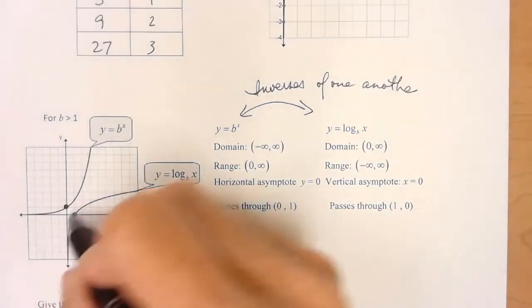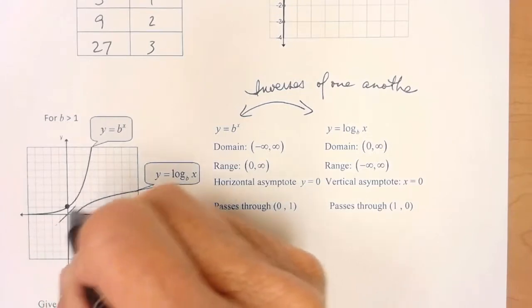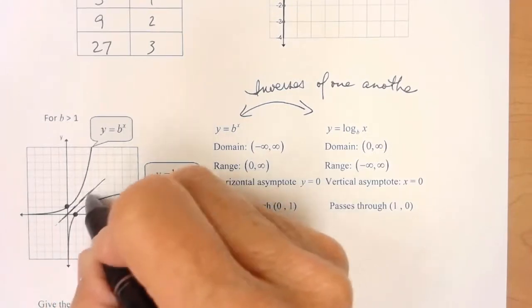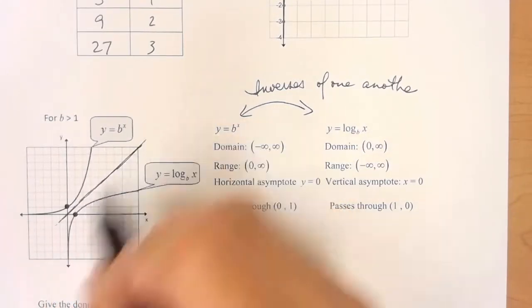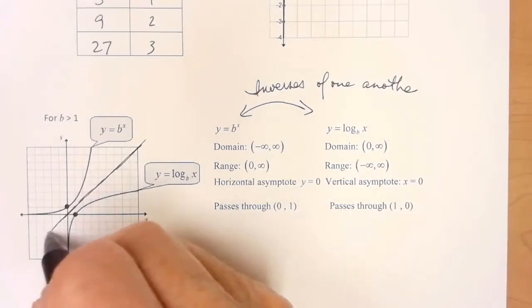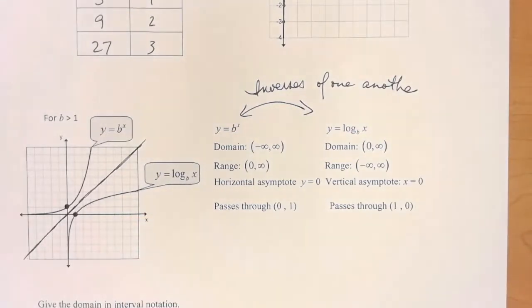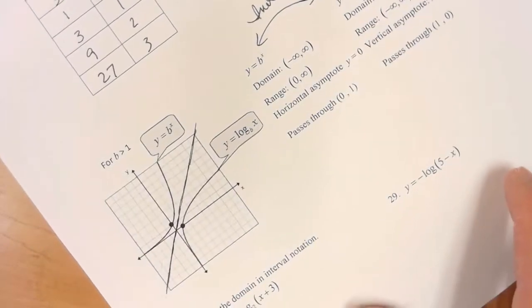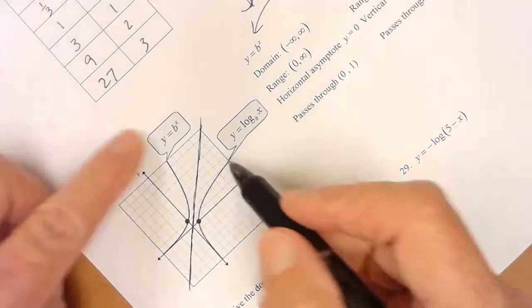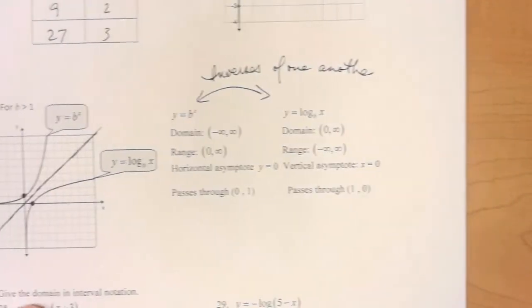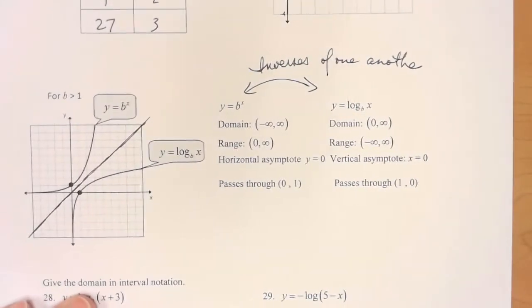Remember that line that we could go through here, y equals x? And they are, sorry, I've got to turn it sideways to see if they're symmetrical to one another, and they are. We'll keep going with this.